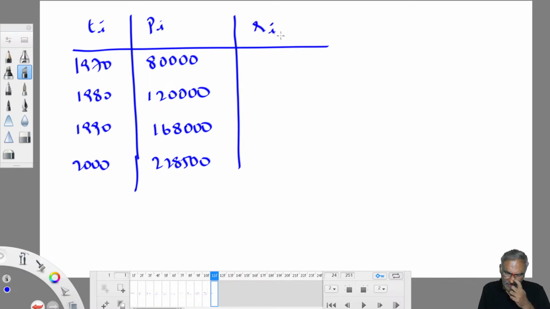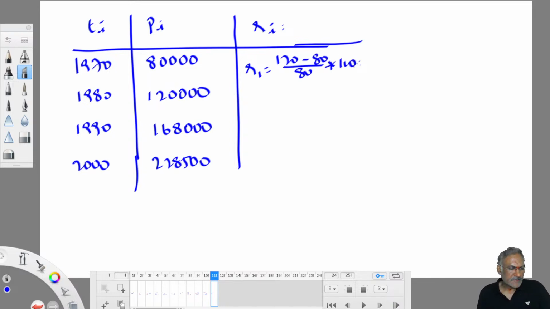So R I values. How to find out R1? 1,20,000 minus 80,000 by 80,000 into 100. Zeros cancel, 3 zeros I took as common. So it is 40 by 80, 50%, right?